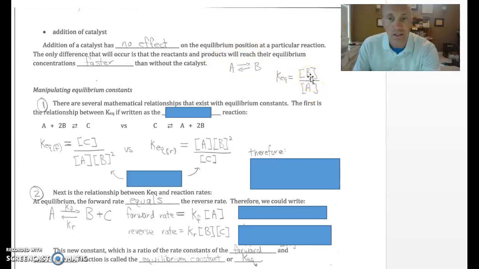If you measure the concentrations of B and A, you would get this ratio right here. The only thing about this ratio is it says nothing about how long it takes to get there. If you were to do this in the presence of a catalyst, it would get to the exact same final endpoint. It would just get there a little bit faster.